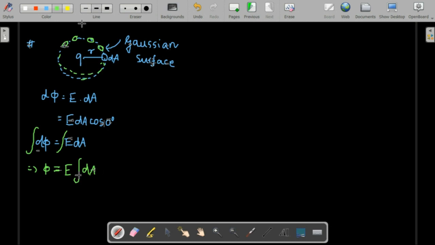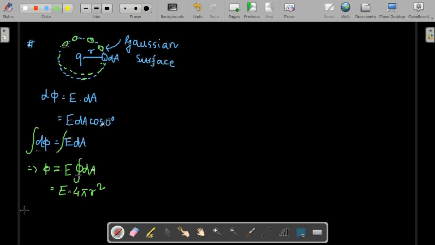Now you see it's forming a closed surface, so maybe I can talk about the entire surface area. Now this is a sphere, a three-dimensional picture. If you're considering a circle, we know area is pi r square. And if you're considering a sphere, we know that the area is 4 pi r square, where r is the radius. Okay, so this is simple.